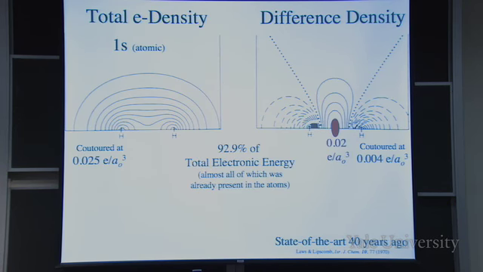Okay, now, the energy that's calculated with this very, very crude wave function, just 1 over the square root of 2 times the sum of the 2 atomic orbitals, is 92.9% of the true energy. That's pretty darn good, right? But almost all of that energy that you calculate was already present in the separate atoms.